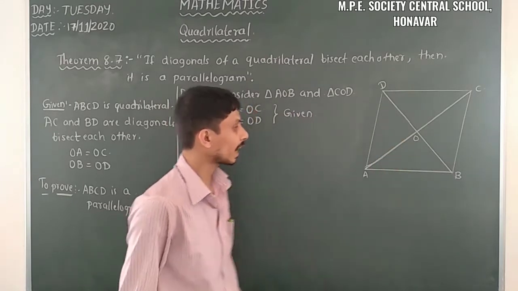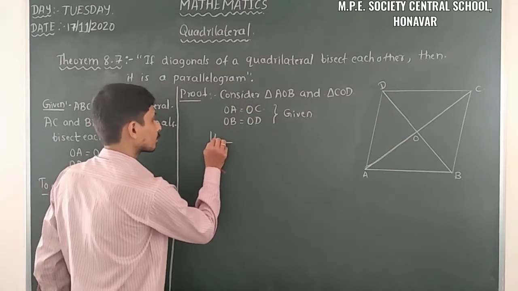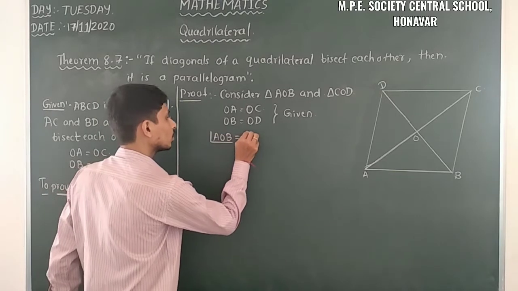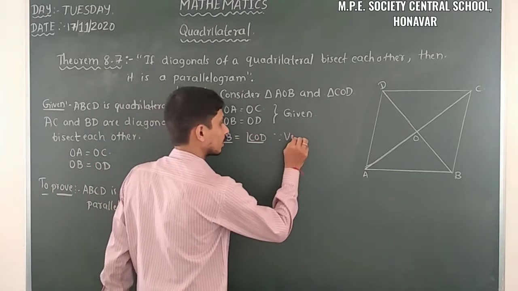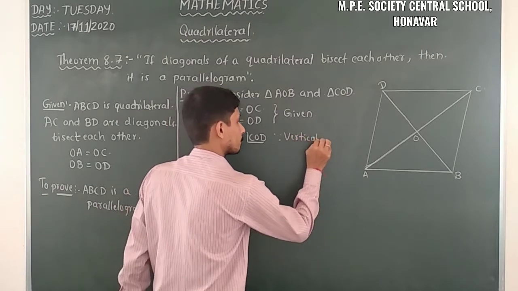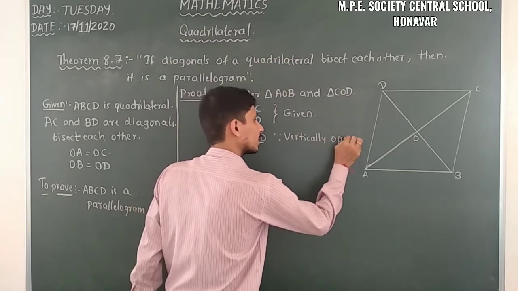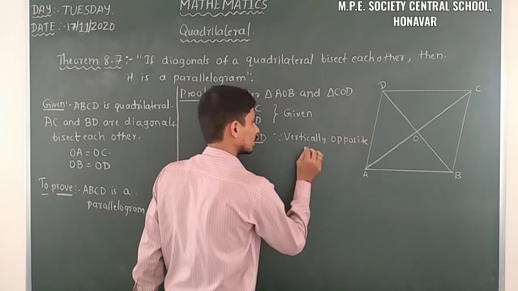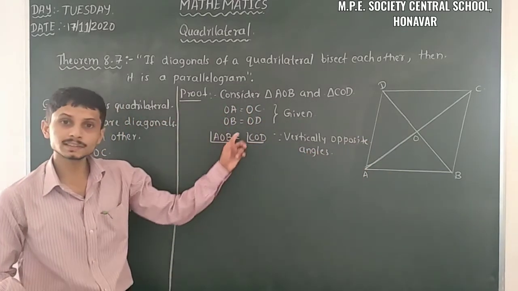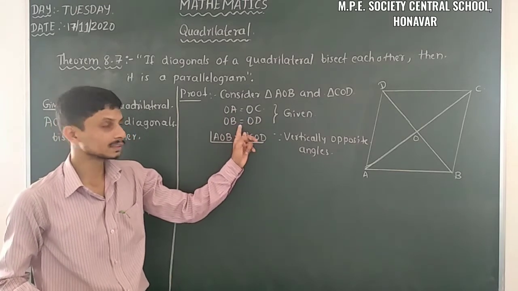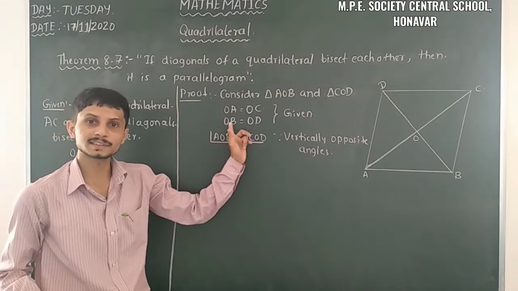So let's take angle AOB is equal to angle COD, because of vertically opposite angles. So from the SAS congruence rule, here we have side, angle, side criterion.